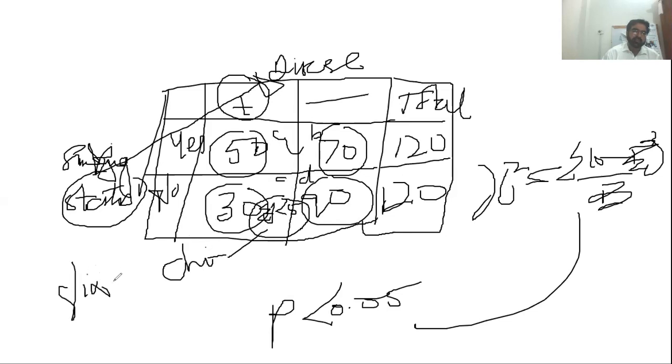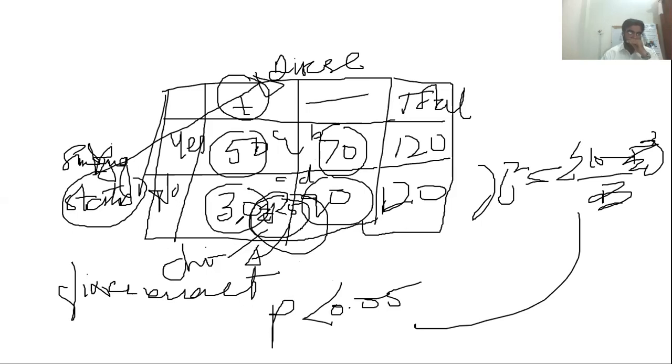Fisher exact test compensates for the small expected frequency of the cell and gives you a result which you may generalize to the population from where you have taken the sample. So this is the explanation of Fisher exact test.